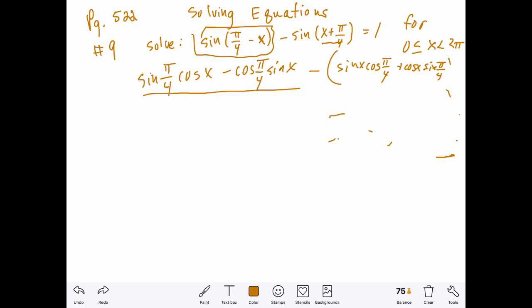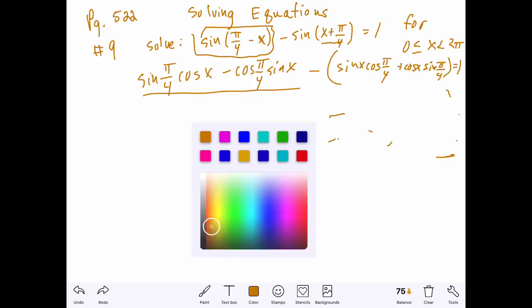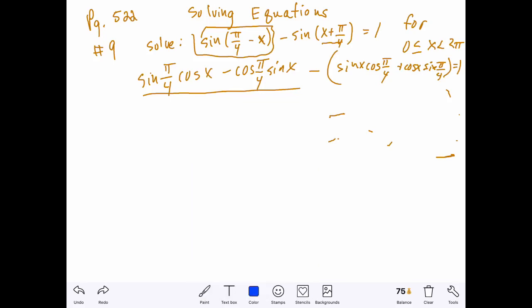And of course, that equals then 1. Okay, so that then became this, right? Using our sum and difference formulas again on page 520.